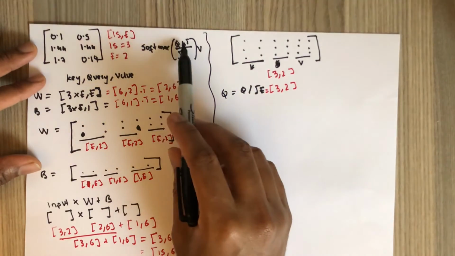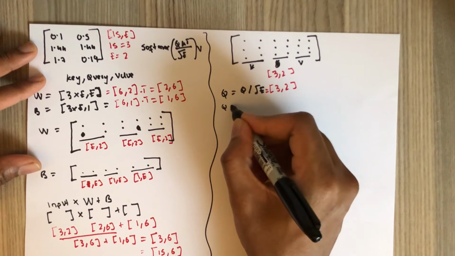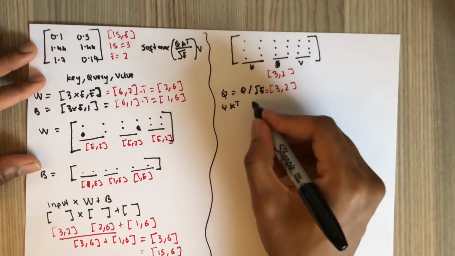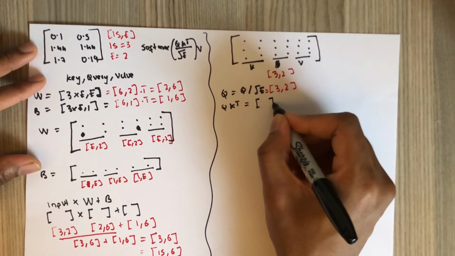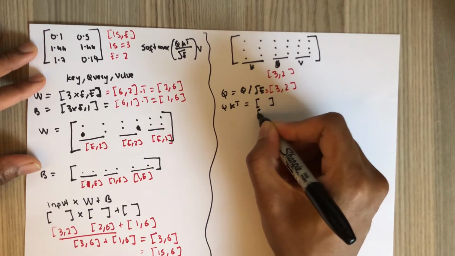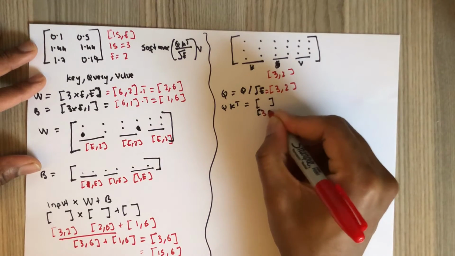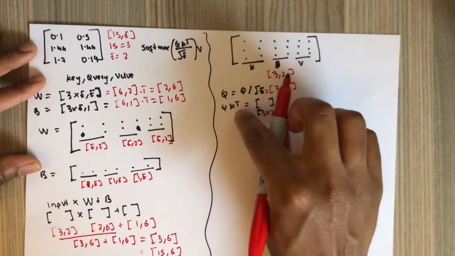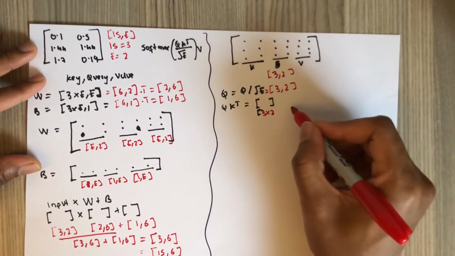Next we need to multiply this new query and the transpose of k. The query is a tensor of 3 by 2, and it's going to be multiplied by the transpose of k, which has a dimension of 3 by 2. When we take the transpose, it's going to become 2 by 3.